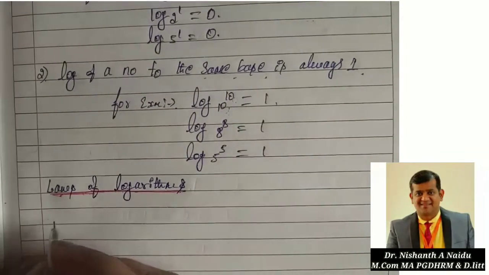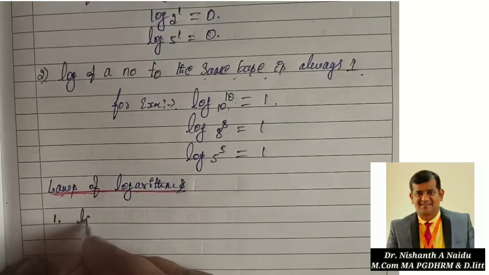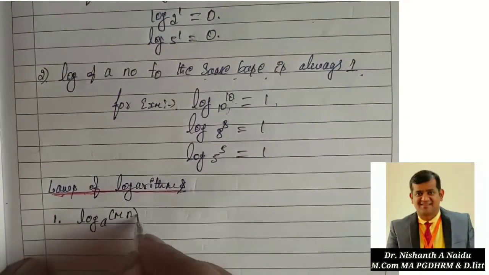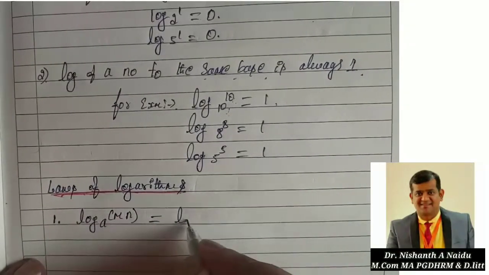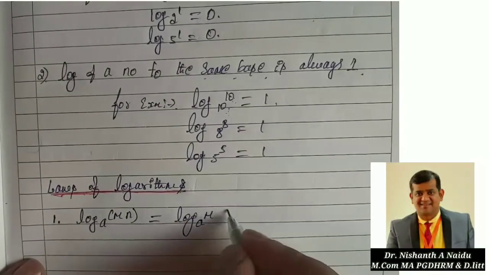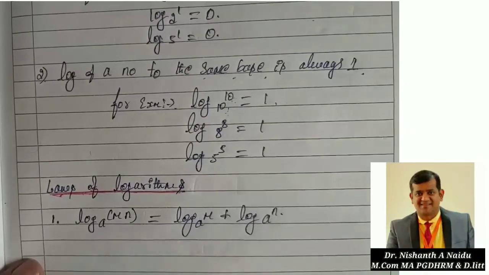Number one, the law of logarithm is log a to the power mn is always equal to log a to the power m plus log a to the power n.